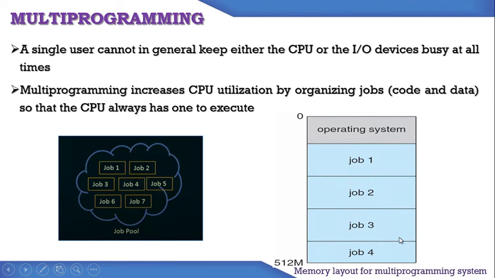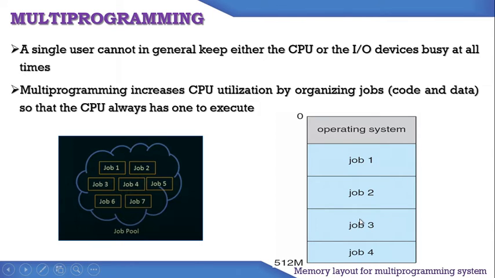We cannot load all the jobs in the job pool into memory because we don't have unlimited memory. I mean the main memory, RAM. In this example, we have 512 megabytes of RAM, so we are not able to load all of them.